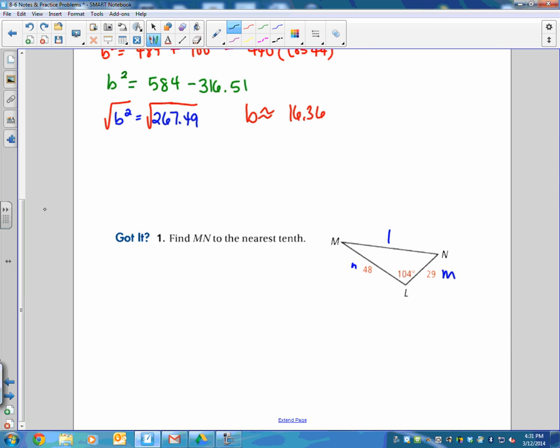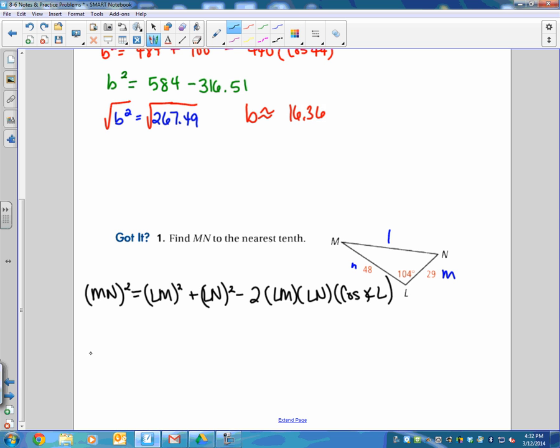So I'm going to start off by saying mn squared is going to be equal to lm squared plus ln squared, and then minus 2 times lm times ln times the cosine of angle L. Okay, and that will give me what I'm looking for.